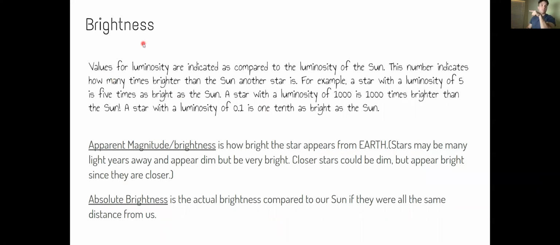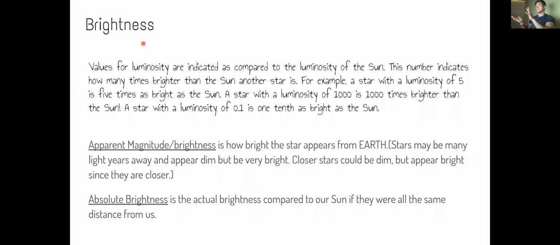This is important though. This one's important, so pay attention. A big factor that they talk about stars with is called brightness. They also call it luminosity. Luminosity is the same thing as sort of brightness. They compare it to the sun again.